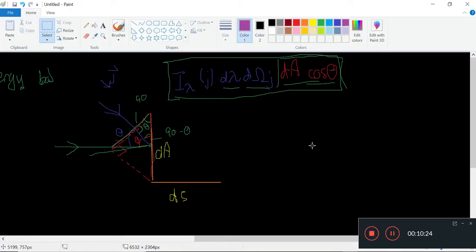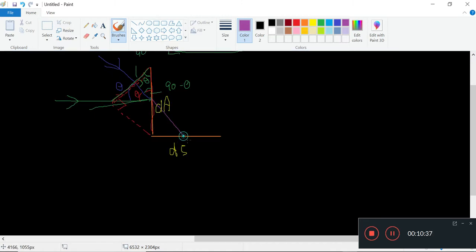Now of course, this ray is going to go through the system, through this little purple length, and some of it is going to exit this system.